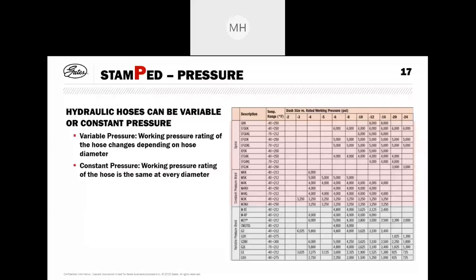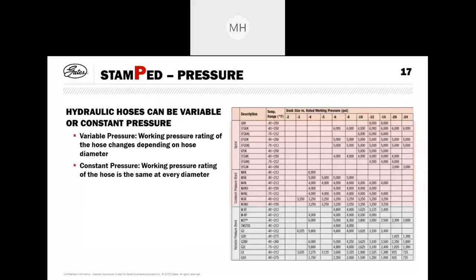The easiest one to look at is probably the very bottom line, a G1H hose, a one-wire high temp. So we're starting off in a dash 4 at 2,750 PSI maximum working pressure. When we get down to an inch and a half at the dash 24, it's down to 725 PSI. So it's a significant drop across the stages as the hose ID increases.